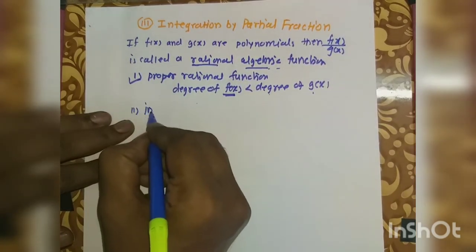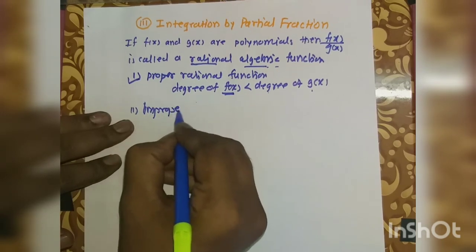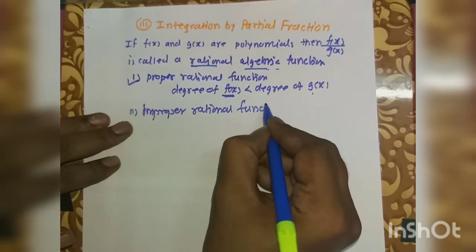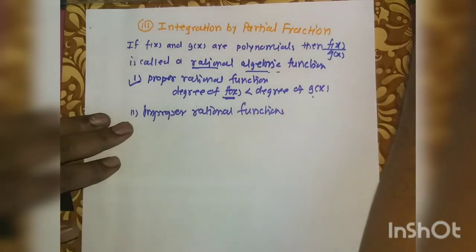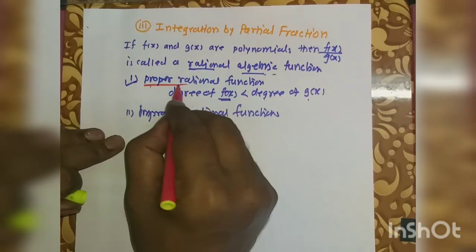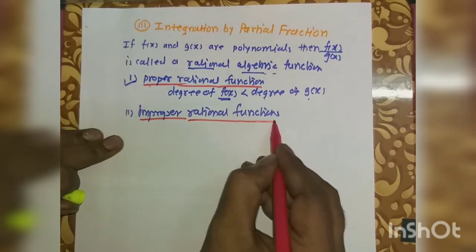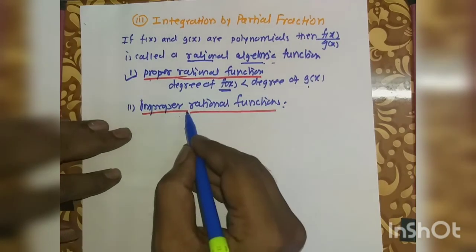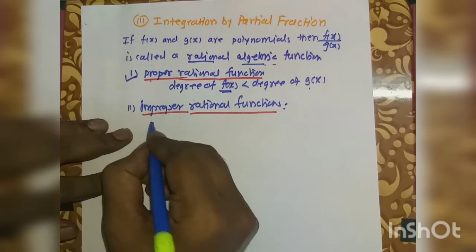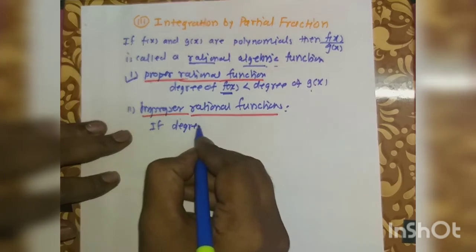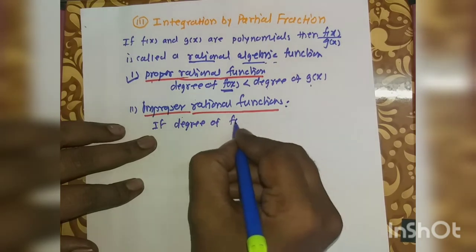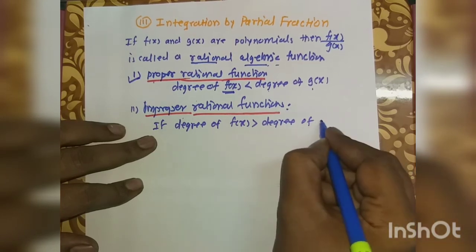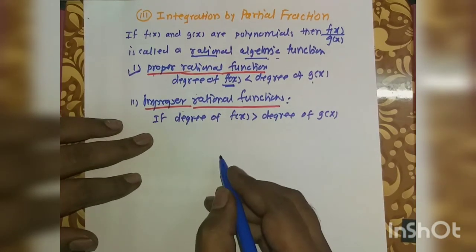Second is the improper rational function. Now this improper rational function means if the degree of f of x is greater than the degree of g of x.